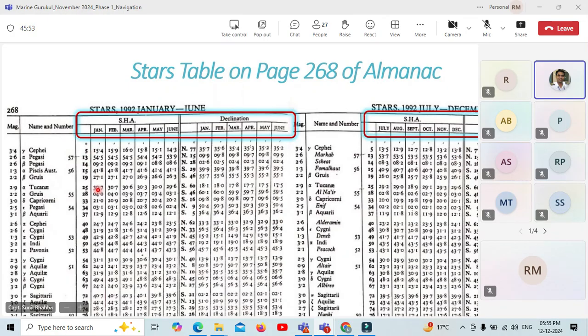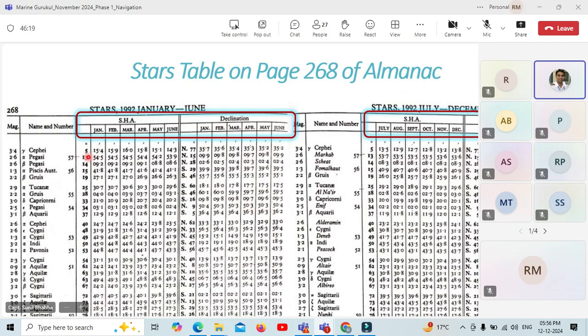Now the stars are listed in this table in increasing order of their SHA, sidereal hour angle. You can see the stars starting in the table from 000 SHA, going up to 360 degree SHA.